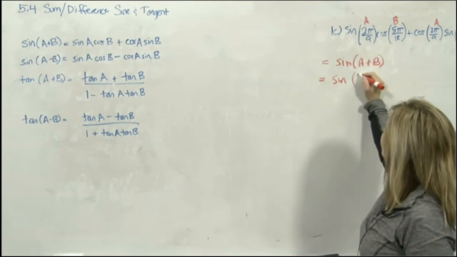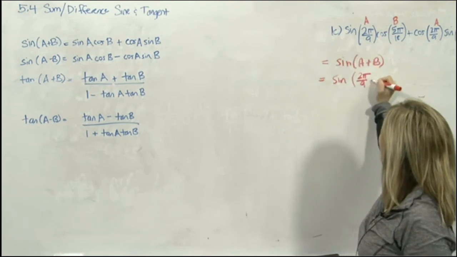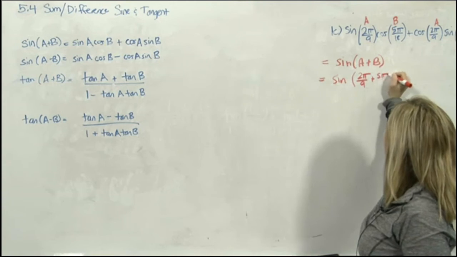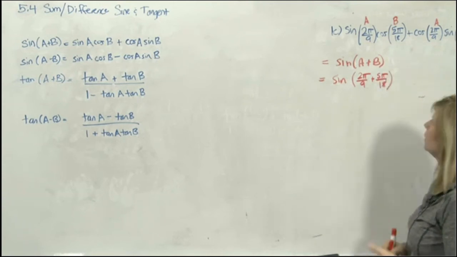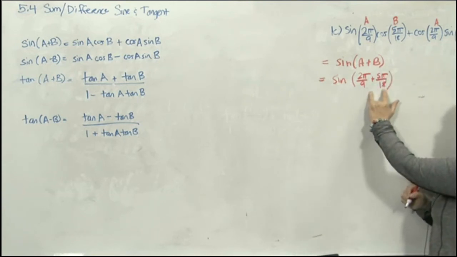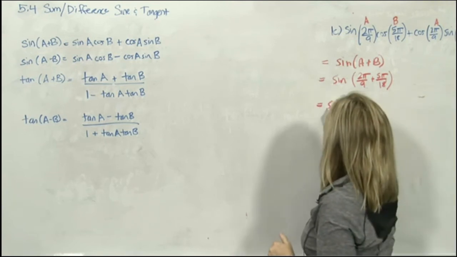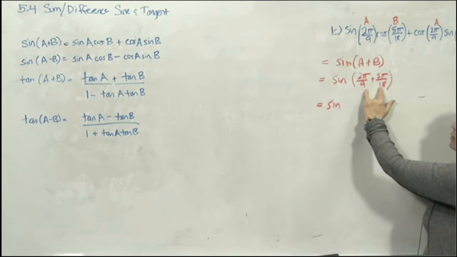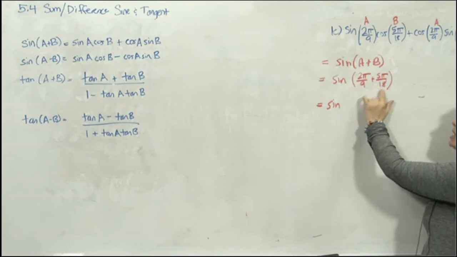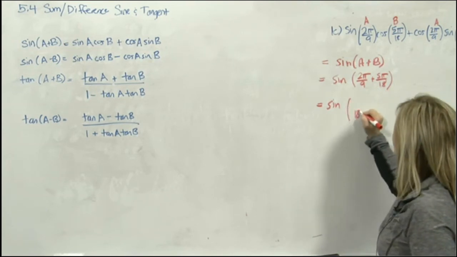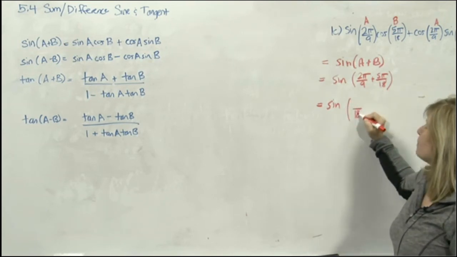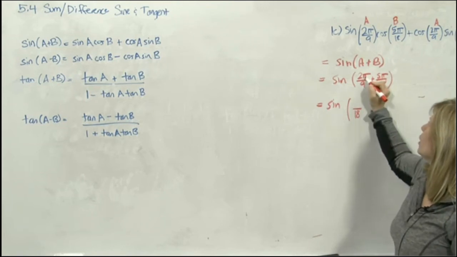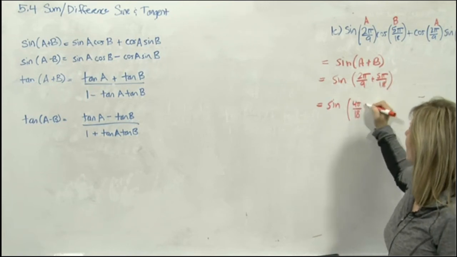According to you guys, alpha is the angle 2 pi over 9. Beta is the angle 5 pi over 18. According to order of operations, we do it inside parentheses first. I've got to add these two angles in radian measure, so I need a common denominator, which would be 18. So I'd multiply 9 by 2. So 2 times 2 pi is 4 pi.